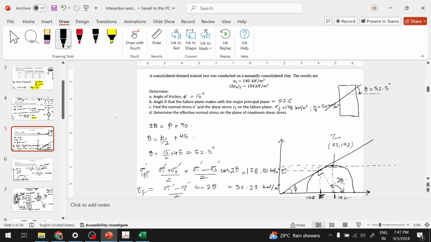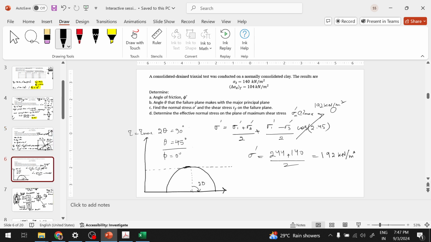This is sigma, tau max, and here this is sigma f, tau f, which is 178 and 50. Okay. So that is it for this question.